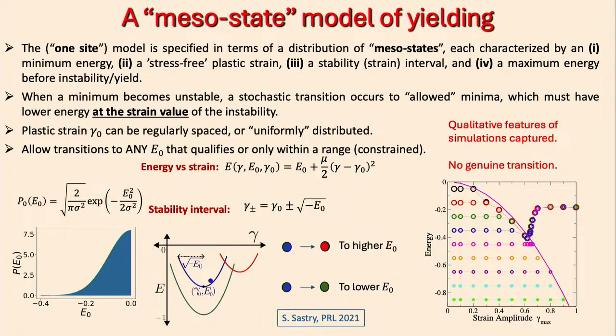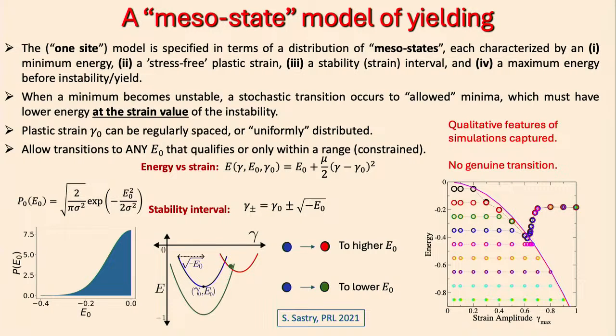So at the point when the green or the blue parabola becomes unstable, even though this is a higher energy minimum, I can make a hop down to this because at that strain value, the energy of the system is lower. Okay, so this is now a description of what happens if the system is residing in one of these states, and I change the strain on the system.